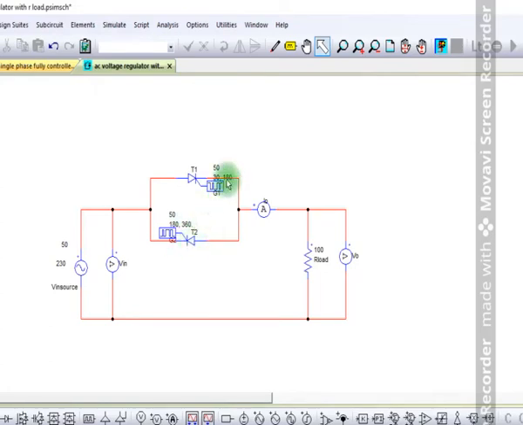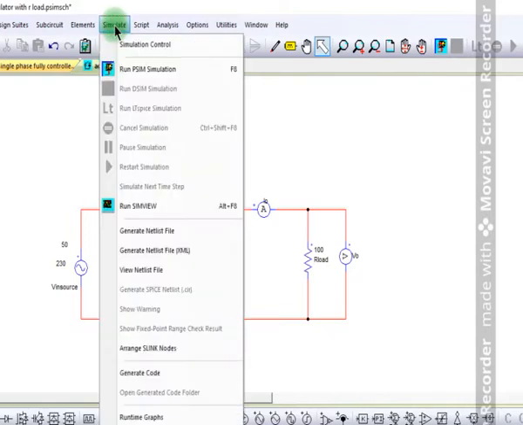So here we have given a 30 degree firing angle for T1, and for T2 we have not given any firing angle. That means the conduction period is from 180 to 360 degree, and here the conduction period is 30 degree to 180 degree. Then as usual we require a simulation control.